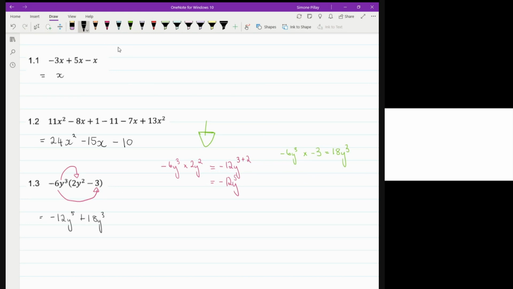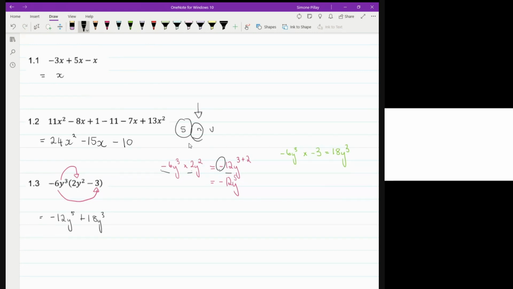Now, guys, when you're doing multiplication like this, the trick is to always do SNV. Multiply the signs first. That's what my S stands for. So it's a negative times a positive, which is going to give me a negative. Multiply your numbers next. Negative 6 times 2, which is going to give me 12. Because we dealt with our signs in the beginning, we don't have to worry about signs when we're worrying about numbers.